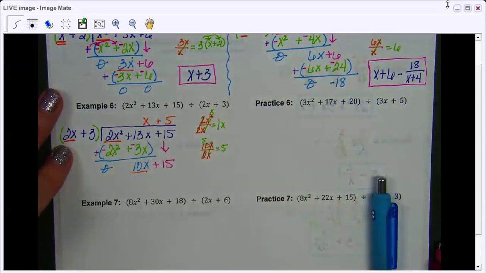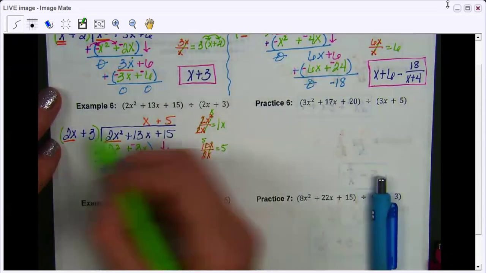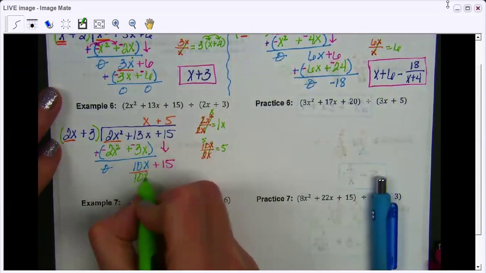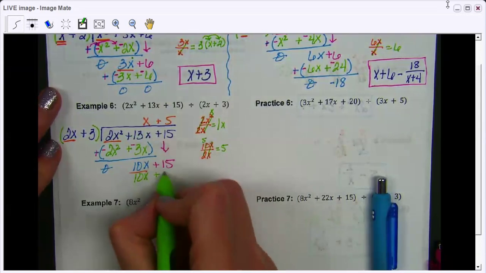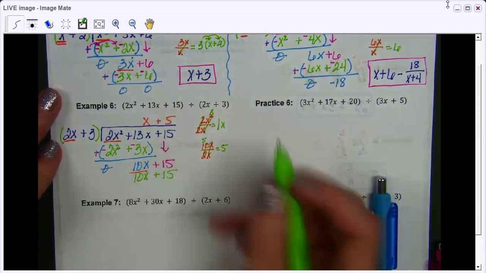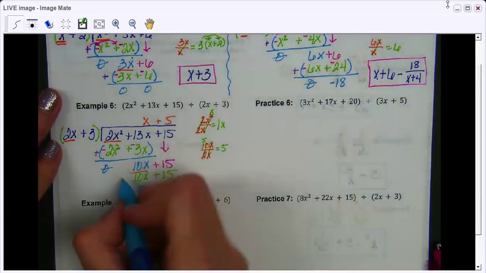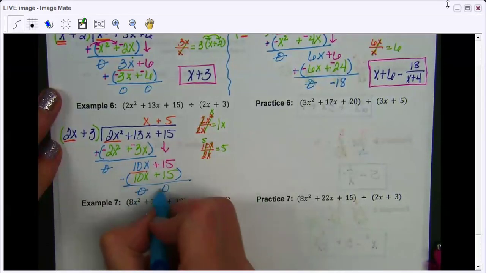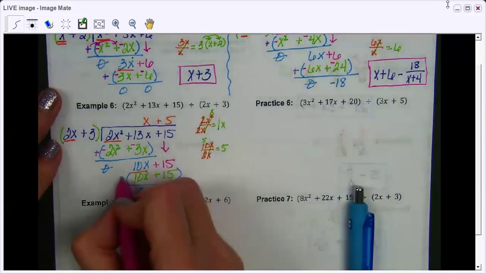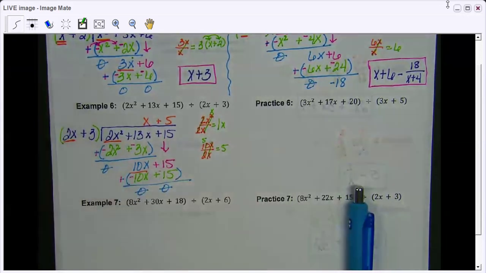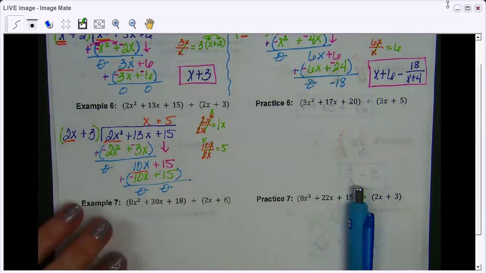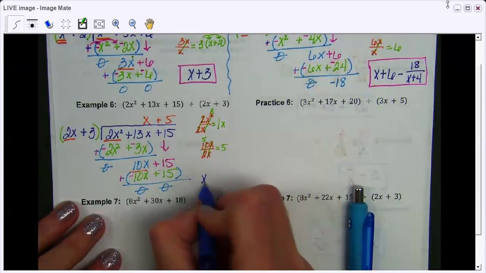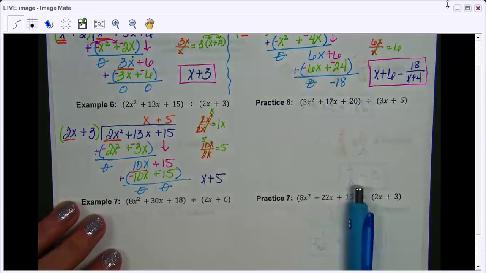And now I'm going to multiply. 5 times 2x is 10x. 5 times 3 is 15. Now I'm going to subtract and distribute my negative just to make sure. And my remainder is 0. So my final answer here is x plus 5.